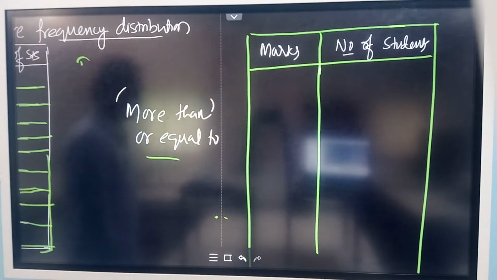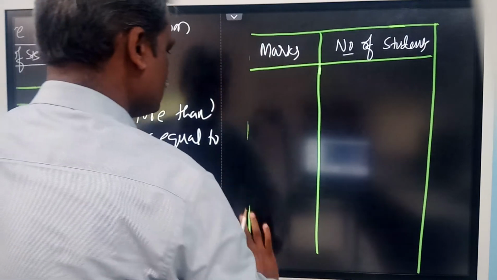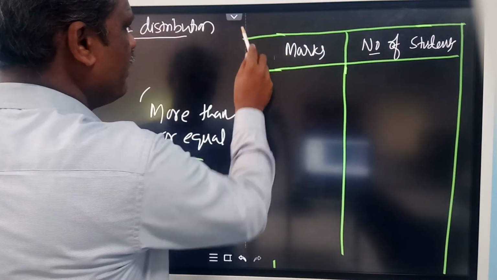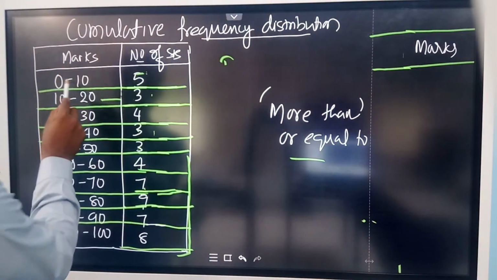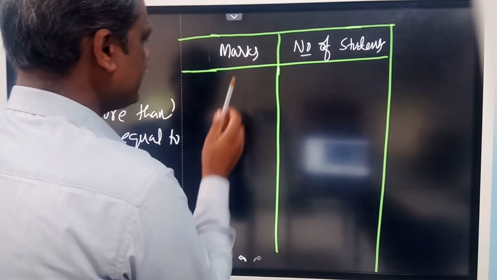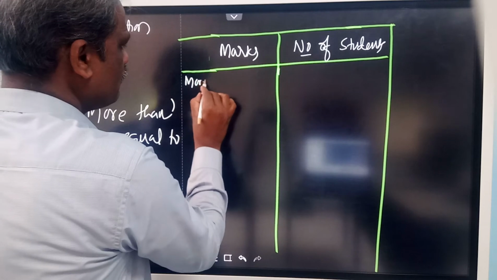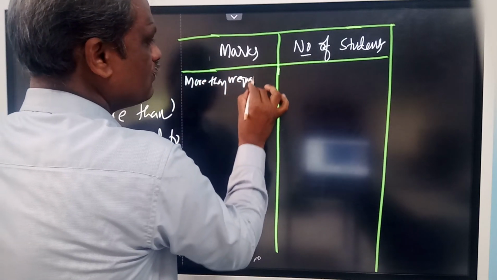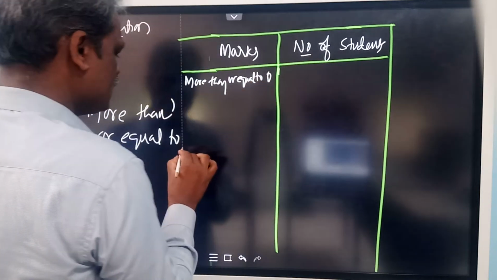Let us see now. I will write here in the first column the marks which are more than or equal to 0. So I can write here, more than or equal to 0. First one.